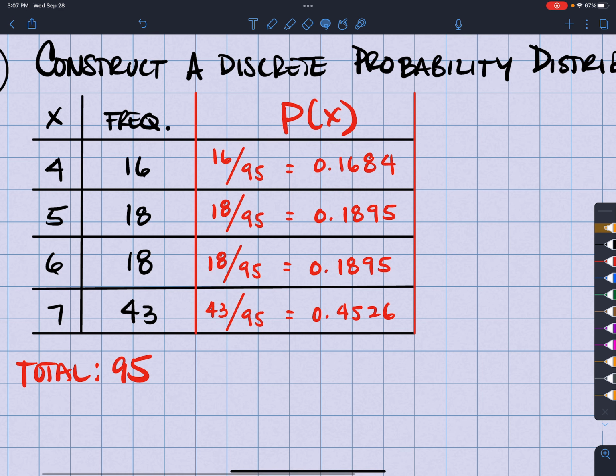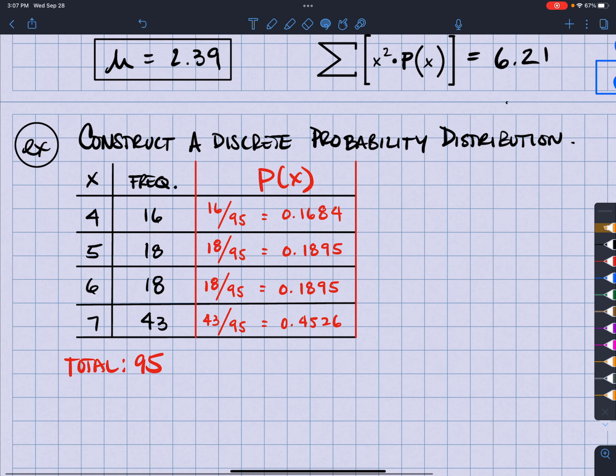So that is how I want to go about finding the distribution, right? The probability distribution table. Now from here, if I add these up, that should equal 1.